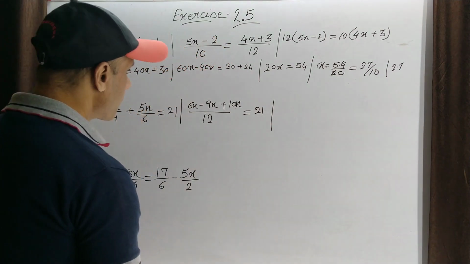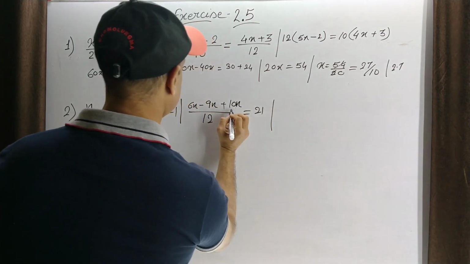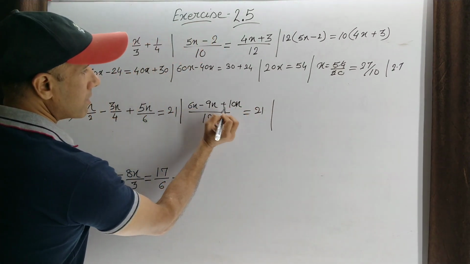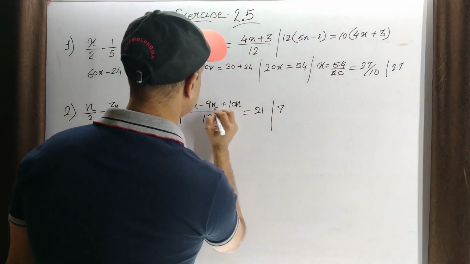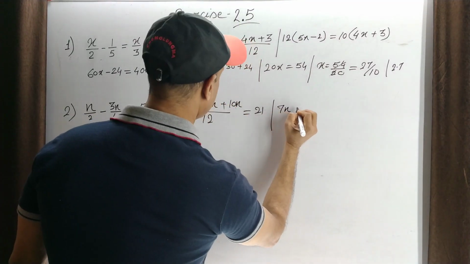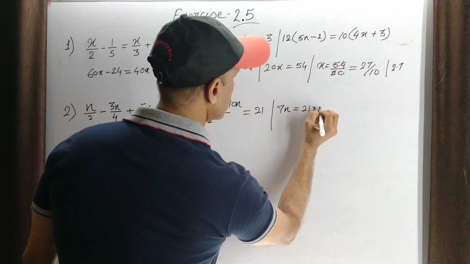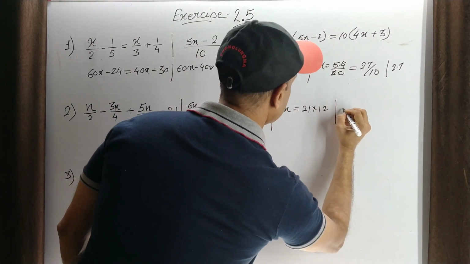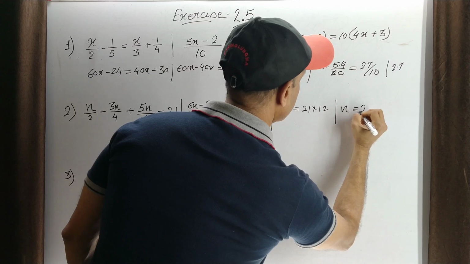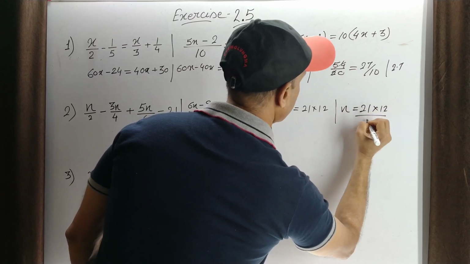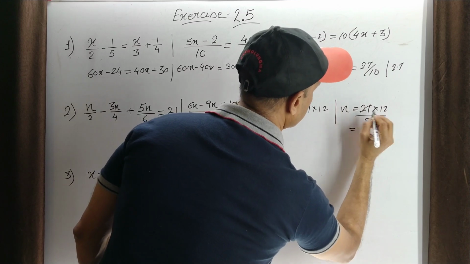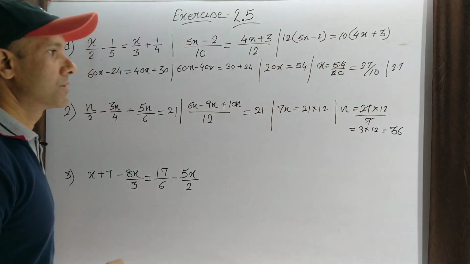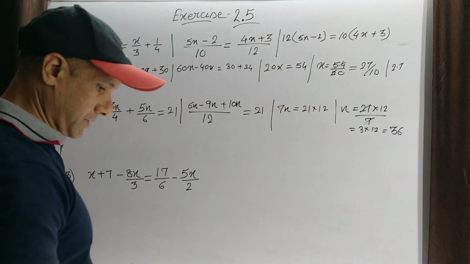So we get 6 plus 1, 7n is equal to 21 into 12. So n is equal to 21 into 12 by 7, so 3 into 12, that is 36. So we get the value of n as 36.